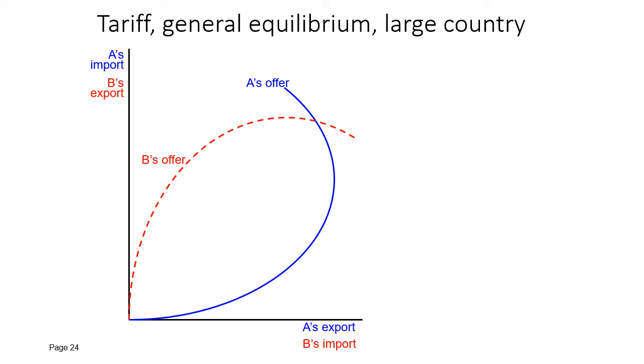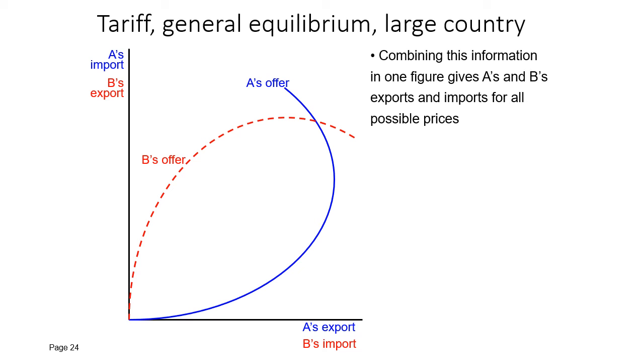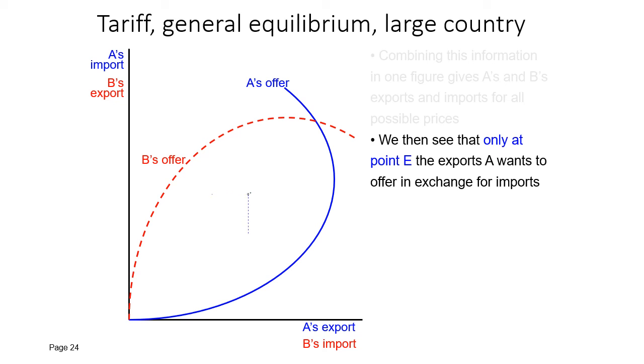So what we can do now is draw A and B's offer curves together. That's the first thing we do. Then we have to determine, okay, what is the world price? What is the best relative price that would suit A and B?